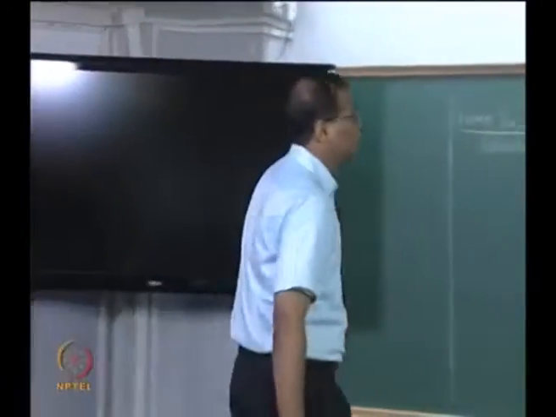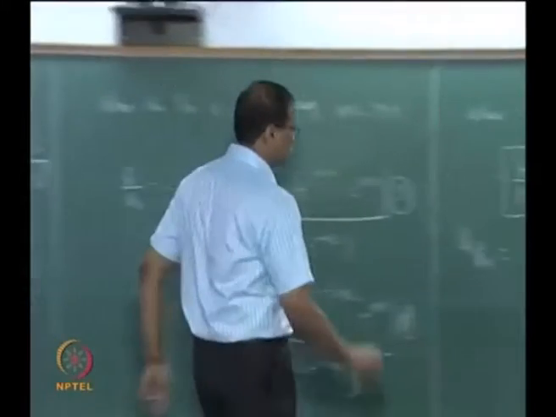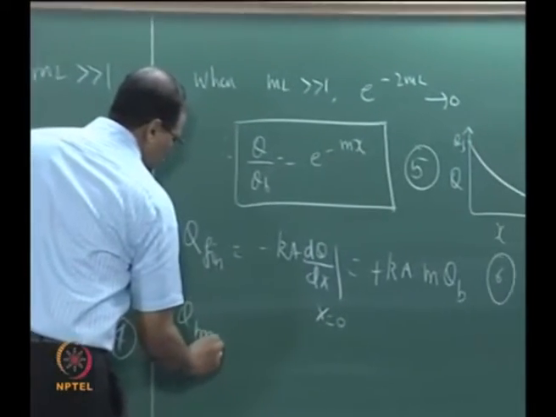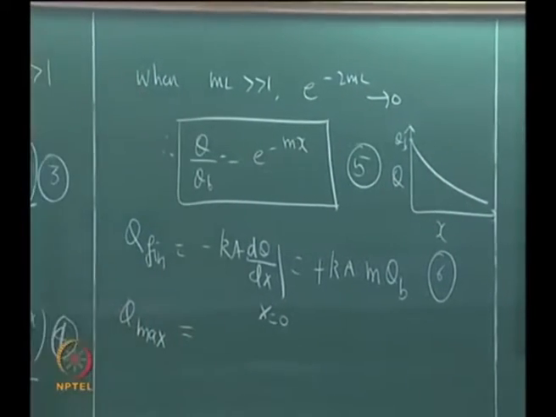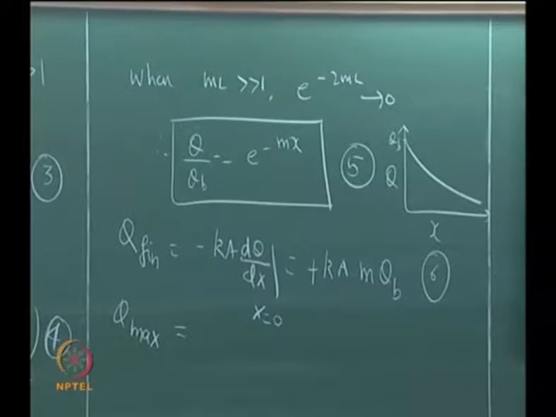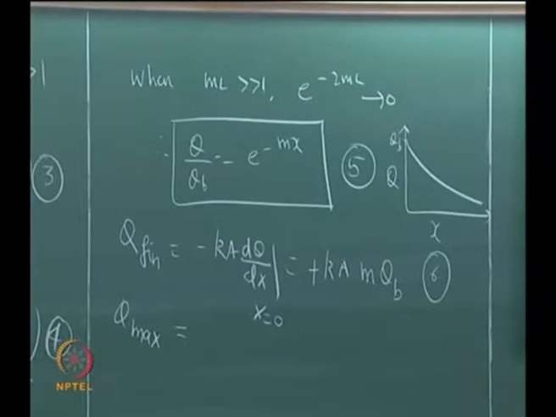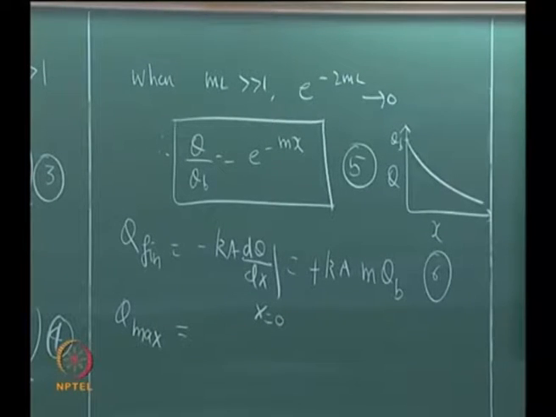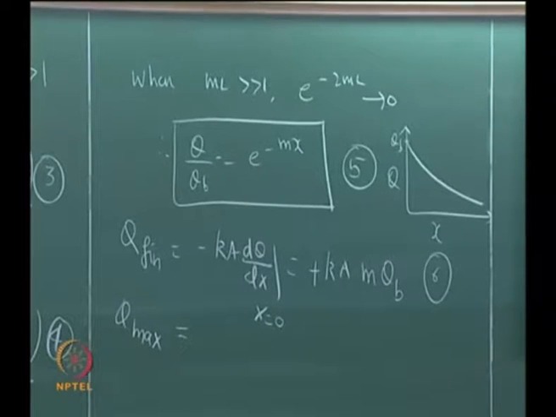What is the Q max? The maximum heat transfer possible. The maximum heat transfer which is possible from the fin happens when the whole fin is at the base temperature, that is T equal to Tb throughout or theta equal to theta b throughout. Please remember theta is the temperature excess, T minus T infinity.